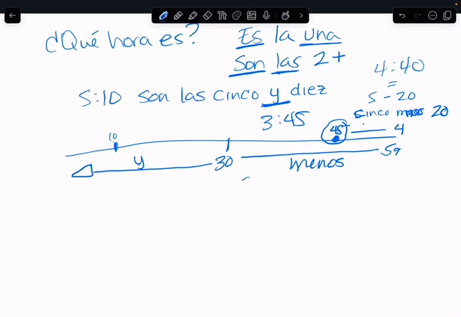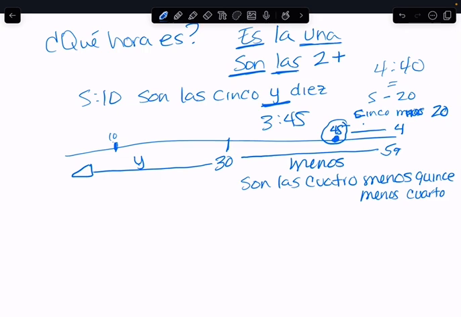So son las 4 menos 15, or menos cuarto. You may be wondering, why is that?